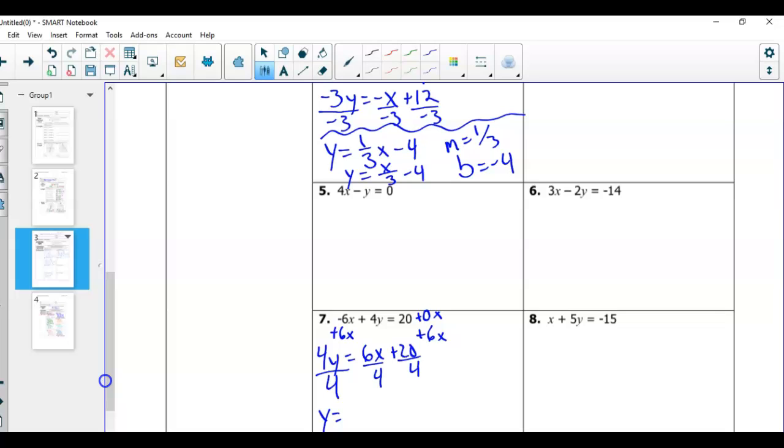In this case, when you divide 6 and 4, you're going to end up with a fraction. Make sure that you simplify this fraction all the way down. So here I can say our slope is positive 3/2, and our y-intercept is positive 5.